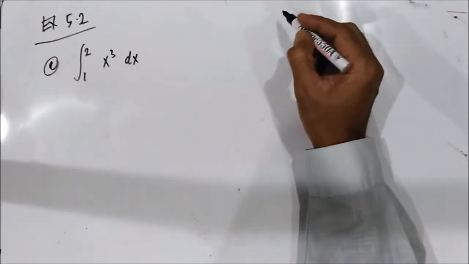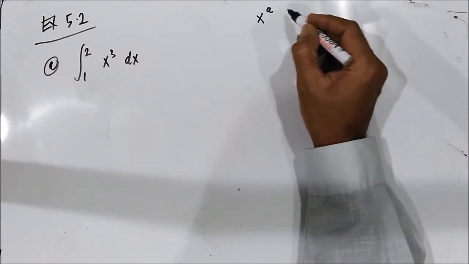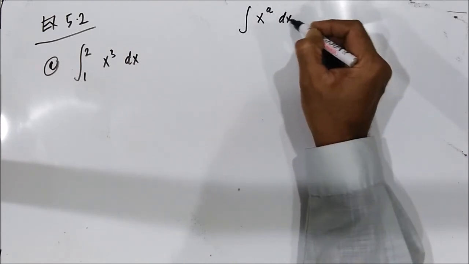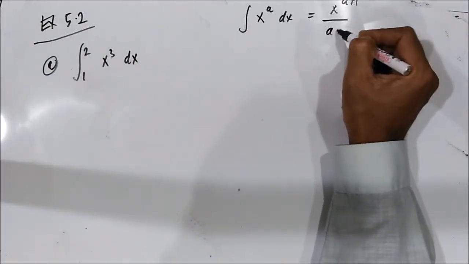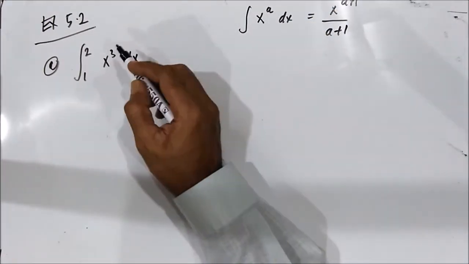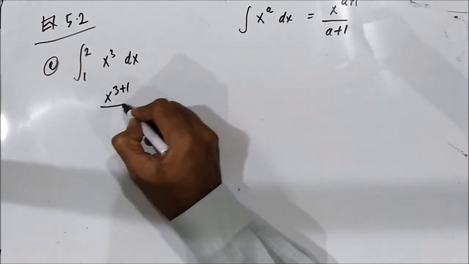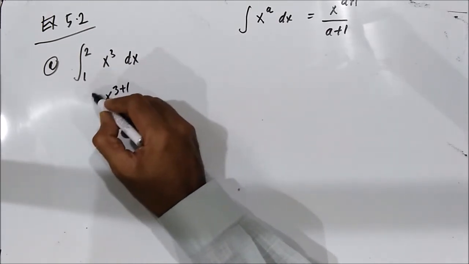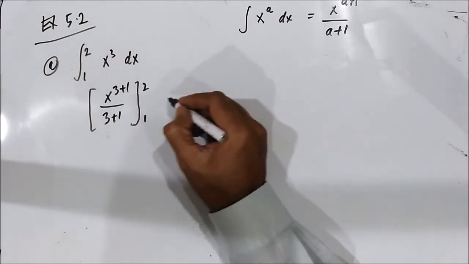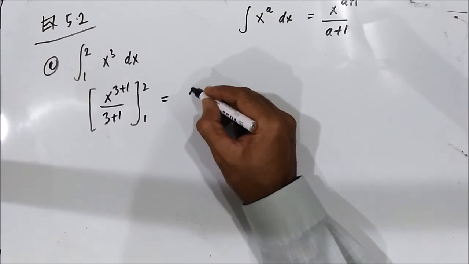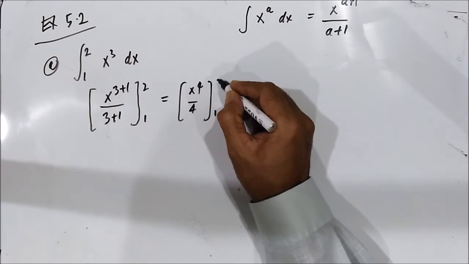Now by definition, the integration of x raised to a is equal to x raised to a plus 1 over a plus 1. So if I have x raised to 3, it is x raised to 3 plus 1 over 3 plus 1, then substitute for 1 and 2. So here we have x raised to 4 over 4, substitute for 1 and 2.